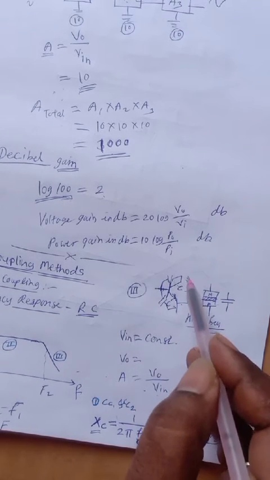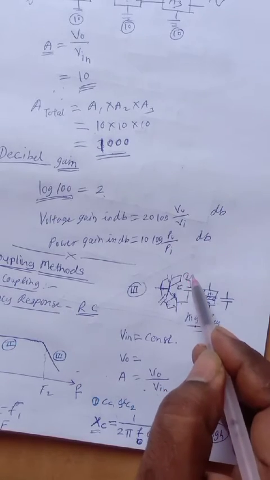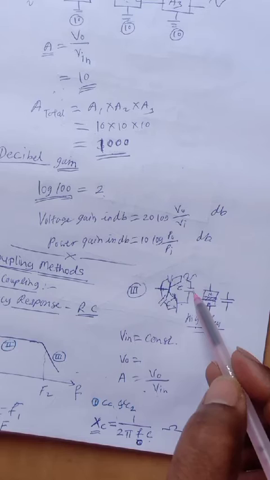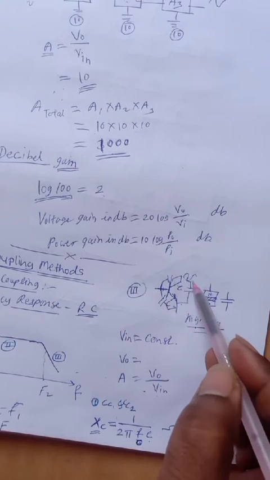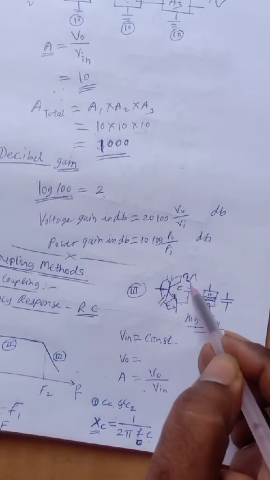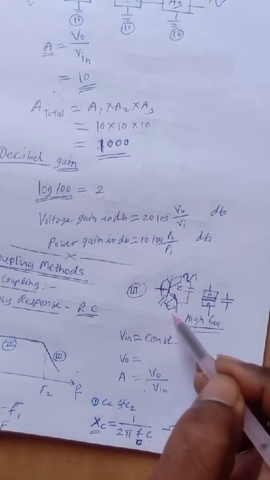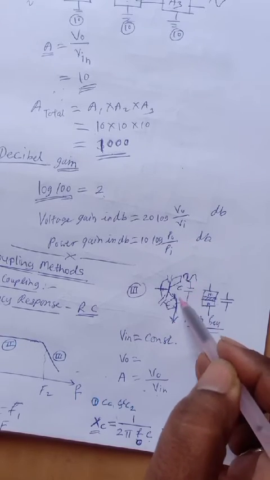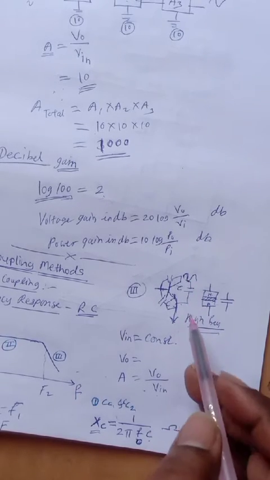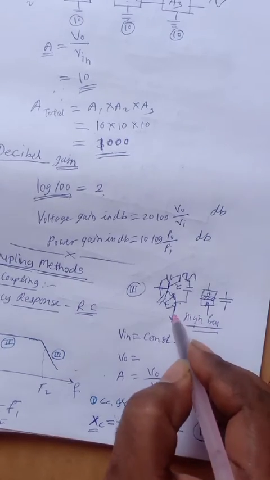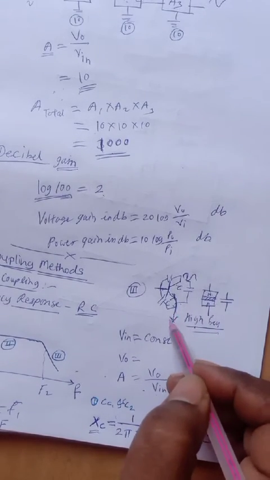So whatever AC voltage is developed at the collector is grounded directly by these capacitors, which also generates a negative feedback, because the emitter voltage increases.